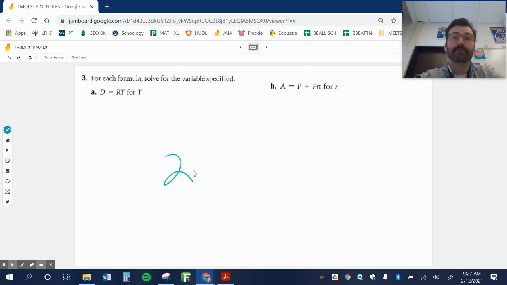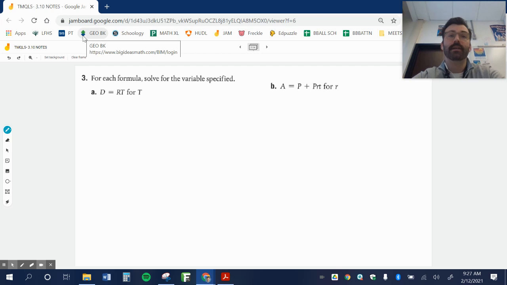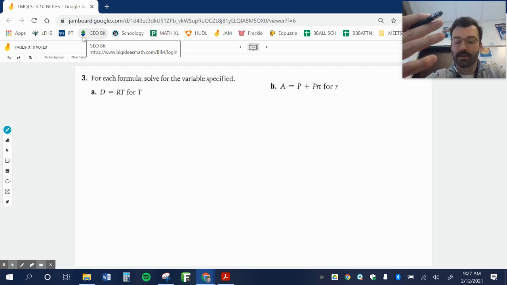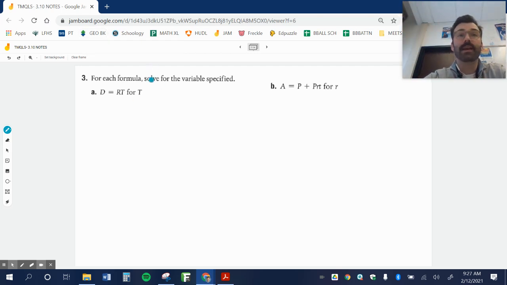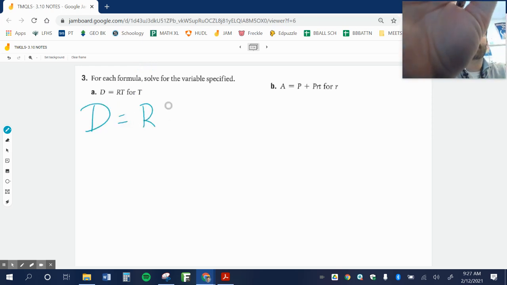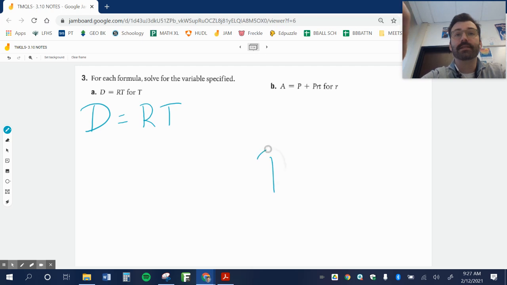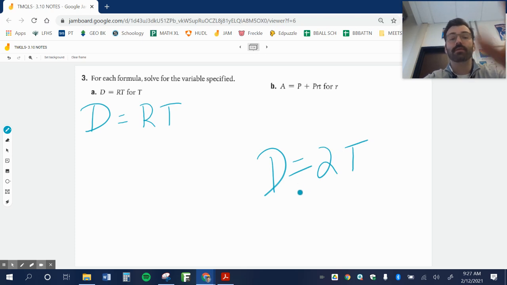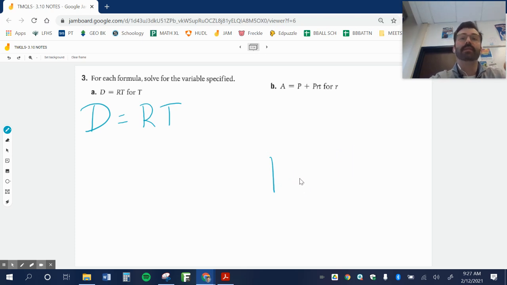So this first one, 3a, asks us to solve for t. Well, the only thing that's attached to that t is r. So if I were to imagine this says d equals 2t, to isolate the t I would divide both sides by 2. Same type of idea here.